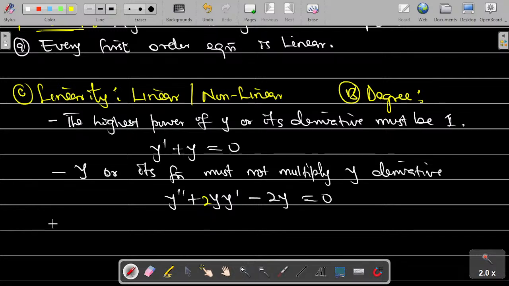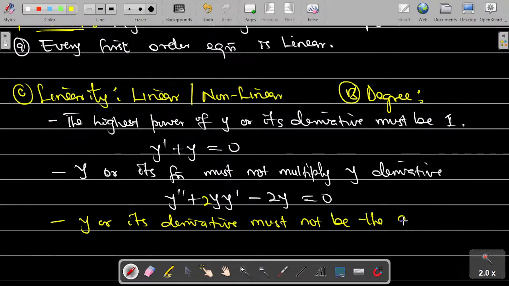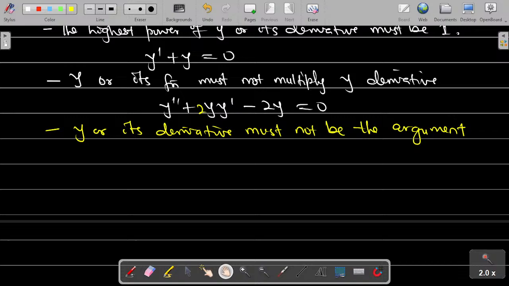Okay, the next one: y or its derivative must not be the argument of a transcendental function.